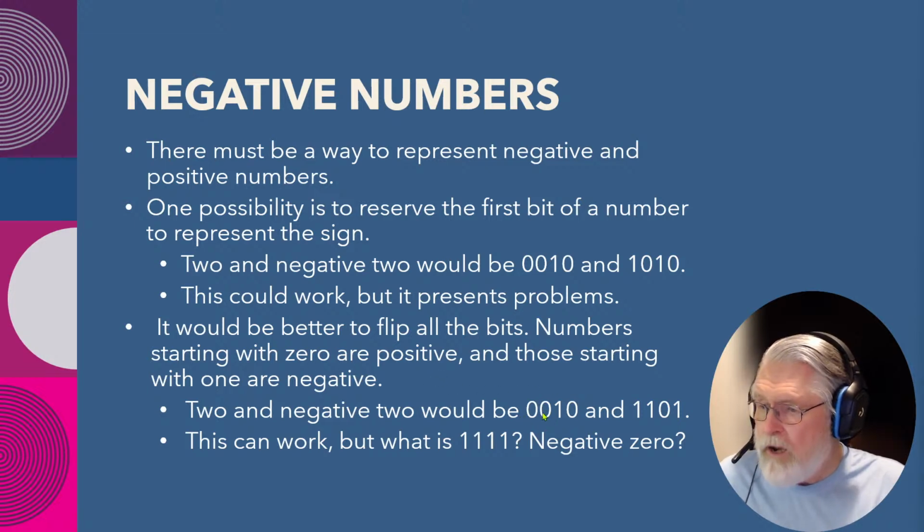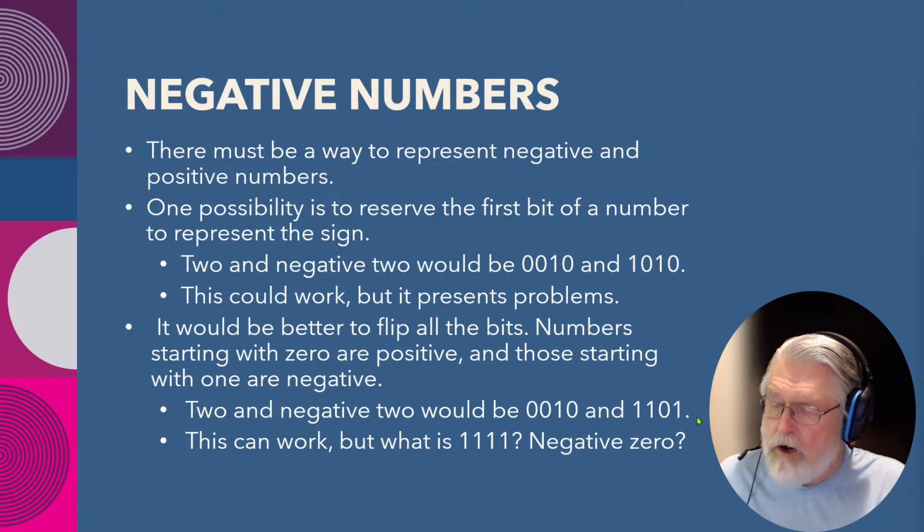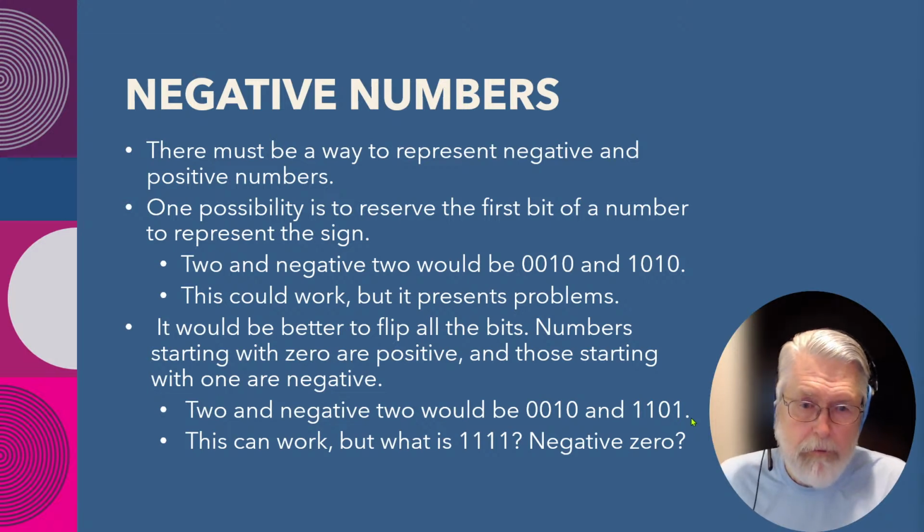And so with a ones complement, you would take the number 0, 0, 1, 0 and flip each one of these bits, and you would get a 1, 1, 0, 1 for the negative number.